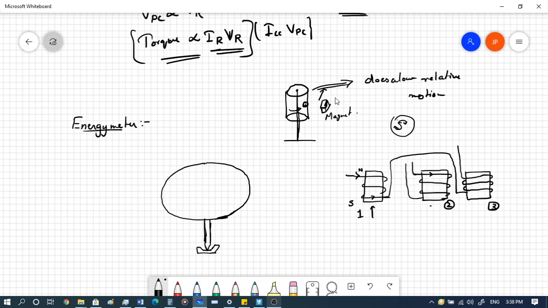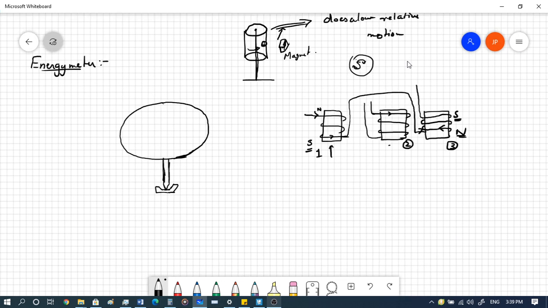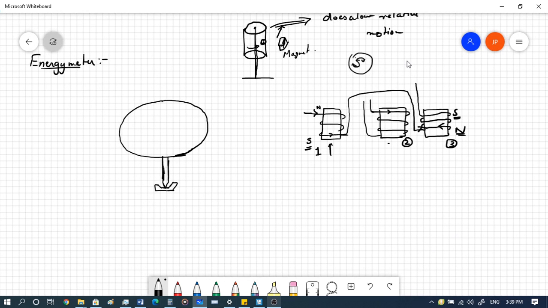So the current is moving in this direction over here, which means that while there is a south pole over here, you get a north pole in 3, and we have a south pole over here. If you look at the graphs of these 3 electromagnets, we can see this one has a lagging of 90 degrees with respect to 1, and the other has a lagging of 180 degrees with respect to 1.